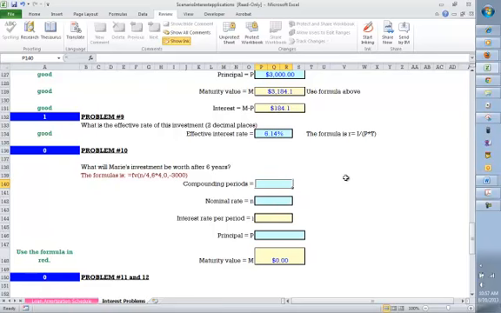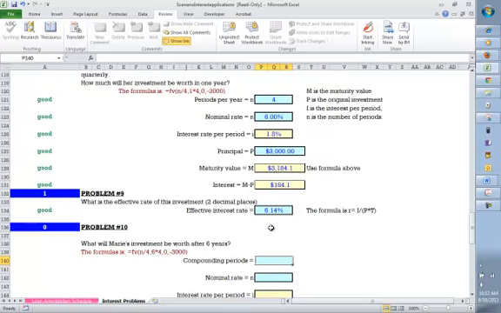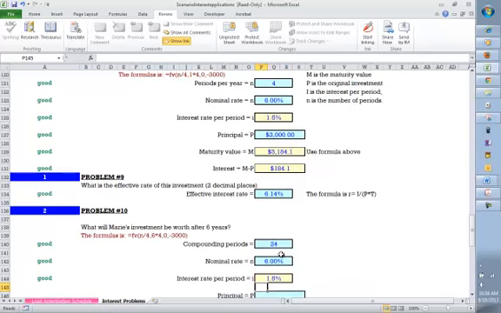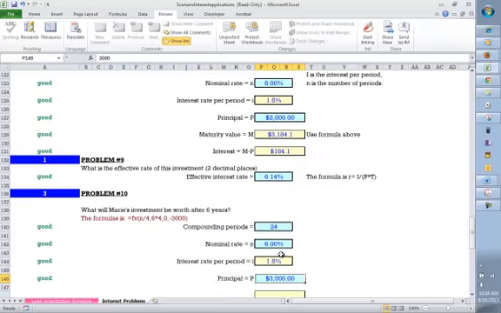Okay, how much will Marie's investment be worth in 6 years? So the compounding periods instead of 4 will be 4 times 6, or 24. The nominal rate is 6%. The interest per period is 1.5%. The principal is $3,000.